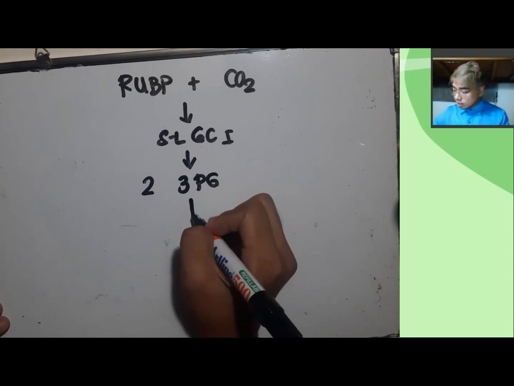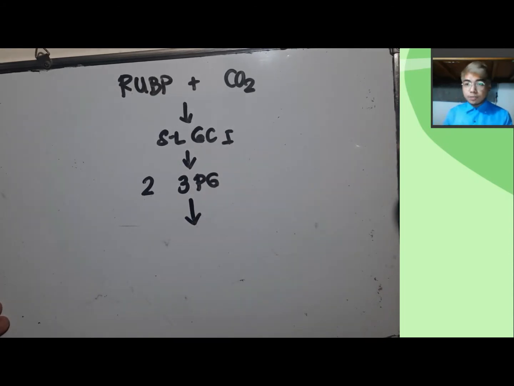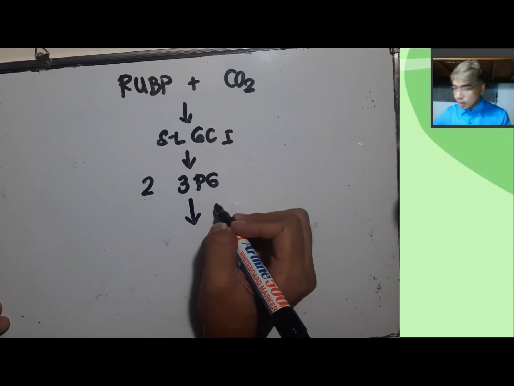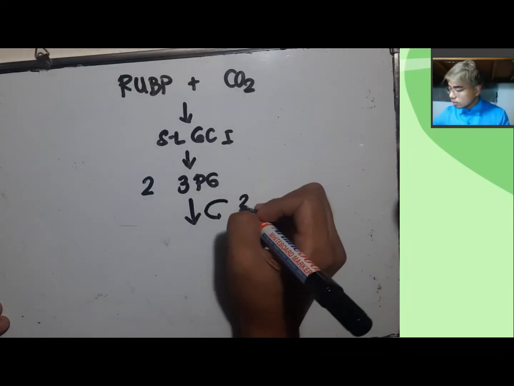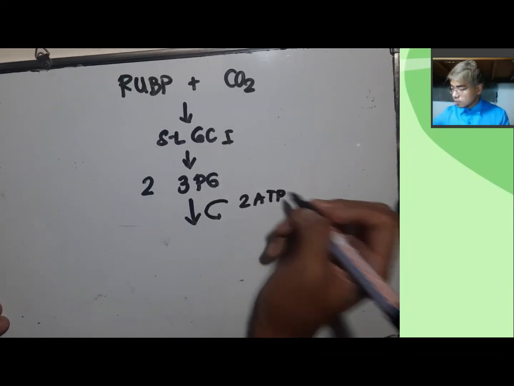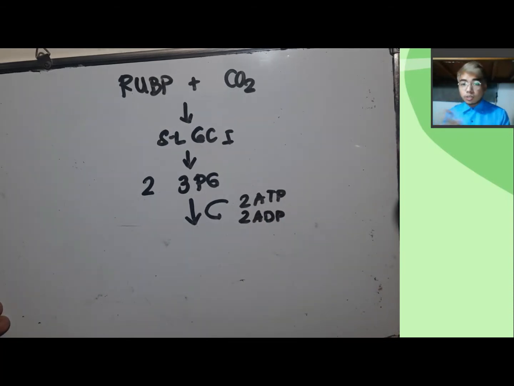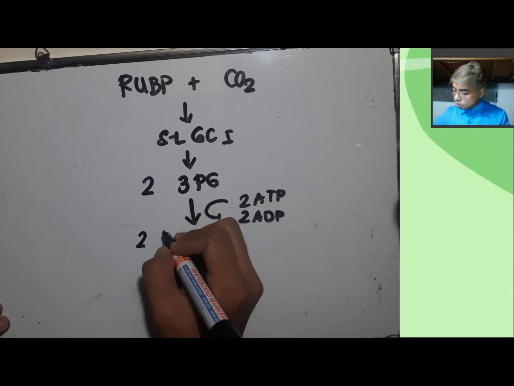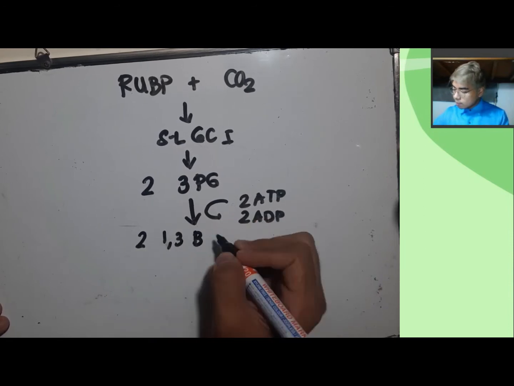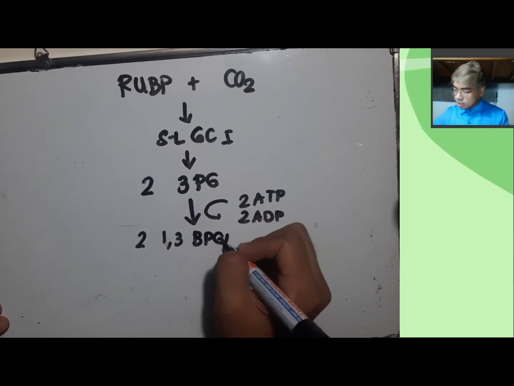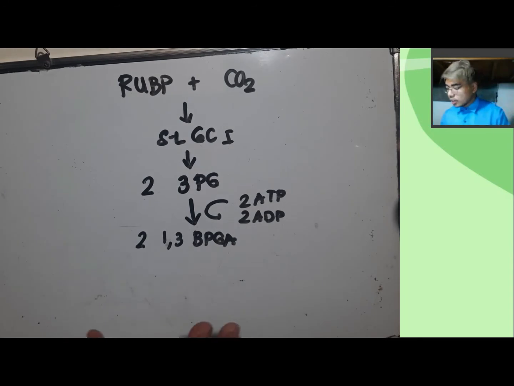Then the 2 3-phosphoglycerate will interact with 2 adenosine triphosphate, and 2 adenosine diphosphate will be released, which will create 2 1,3-BPGA.